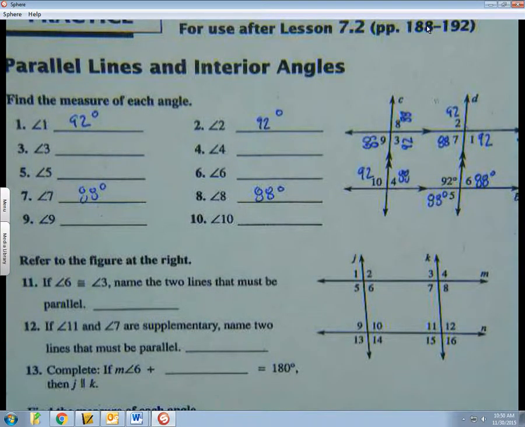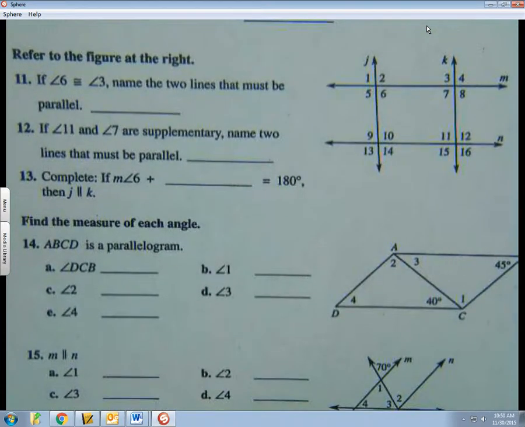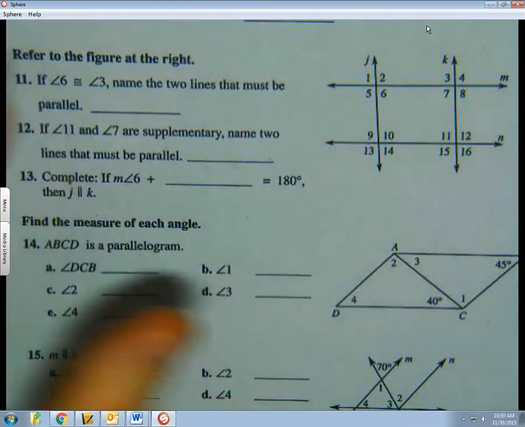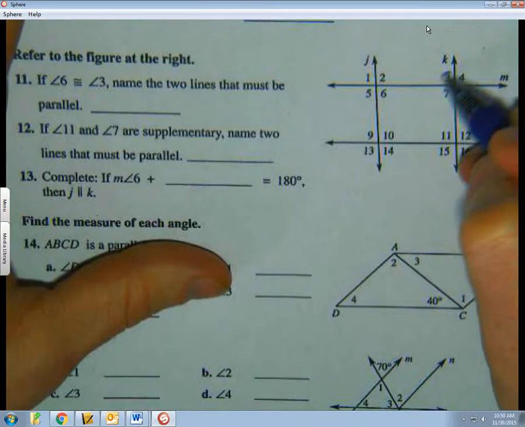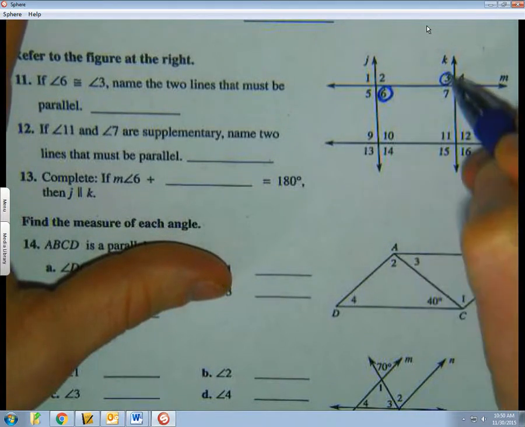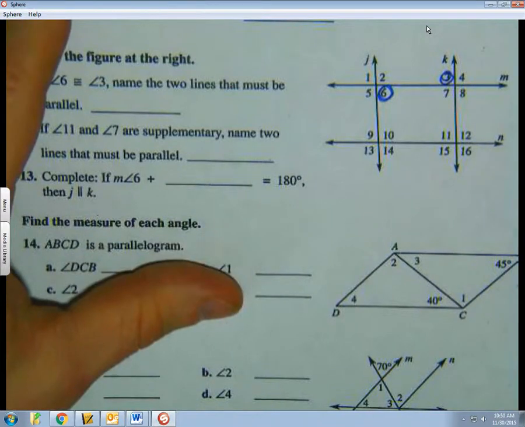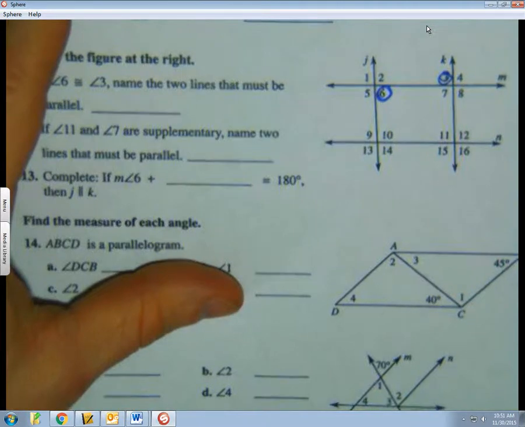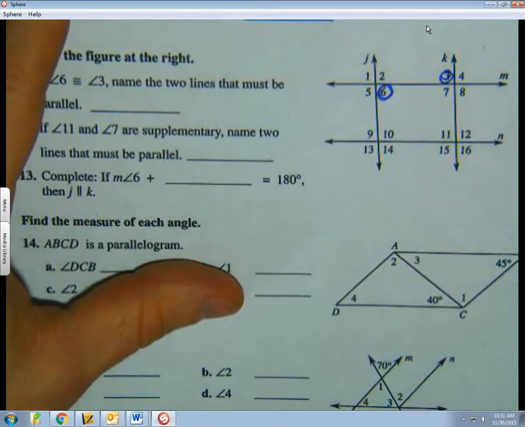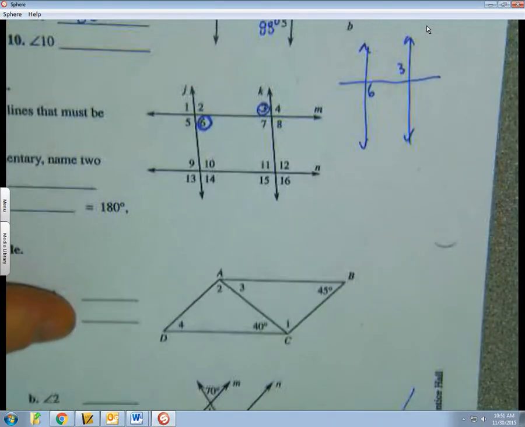skip down to some more of this down here. So let's look at this. If 3 is the same as 6, so 3 and 6 are the same. Okay, so what two lines have to be parallel? Well, if we pull away all the excess, I've got 3 and I've got 6. Now those to me look like, oh, you gotta see the picture.